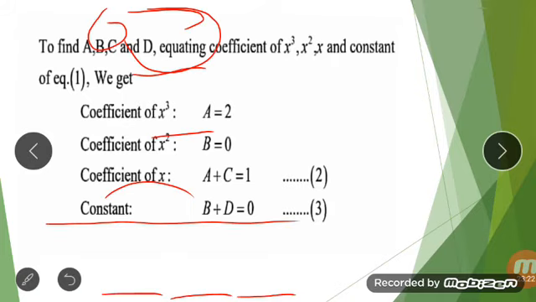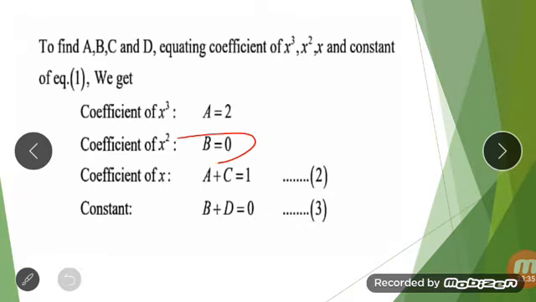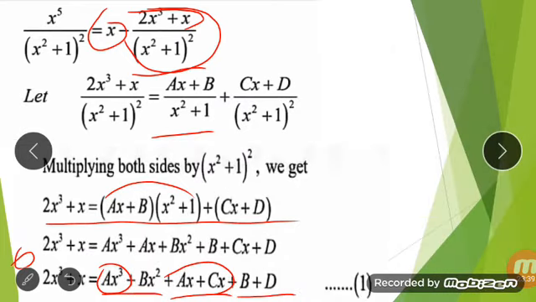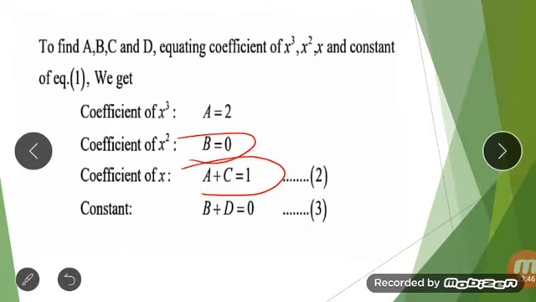By equating the coefficient of x^3, you can see that it is equal to 2x^3, so the value of a will be 2. Then x^2: we don't have any x^2 on this side of the equation, so b will be equal to 0. The next one is the coefficient of x, a plus c, and on this side we have the coefficient of x as 1, so a plus c equals 1.